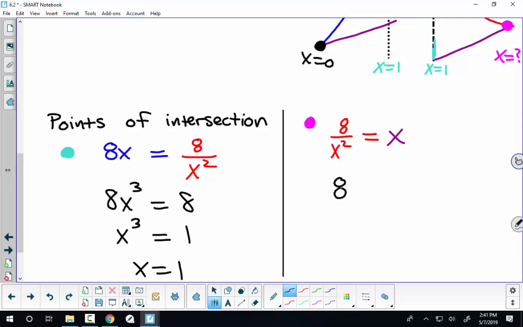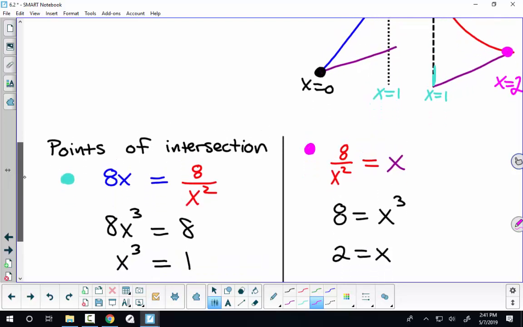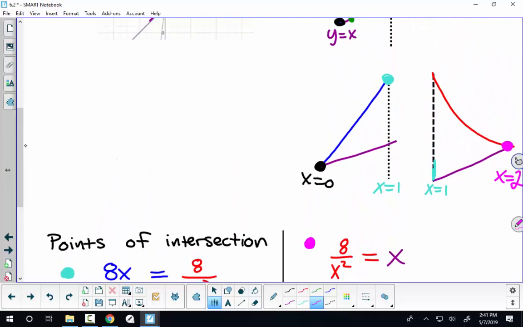So we have 8 equals x cubed, which means x is equal to 2. So that's an x value of 2. Any questions on that?